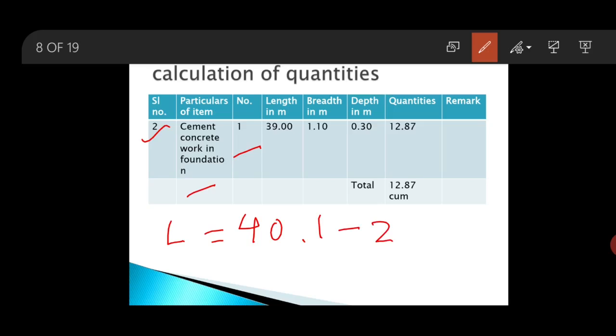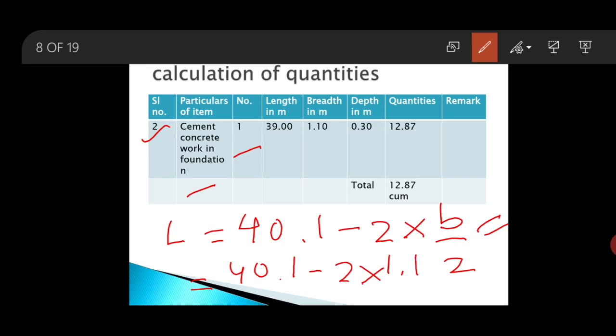From that we will subtract, for 2 junctions, 40.1 minus 2 into, here also the width is 1.1. So this will also become 39. Breadth is 1.1 and depth, as you know, the depth of the concrete work in foundation is 0.3. So by multiplying these three, we will get the total quantity of concrete work in foundation as 12.87 cubic meter.